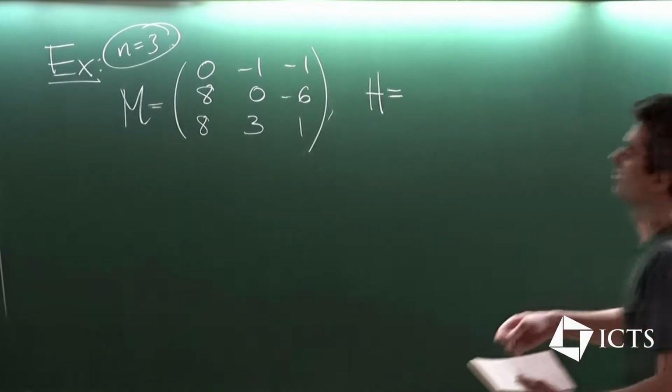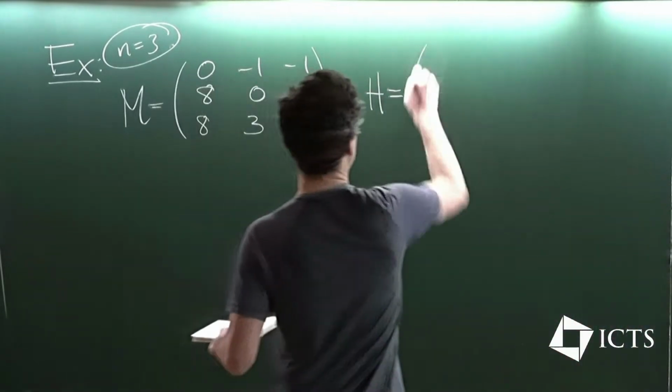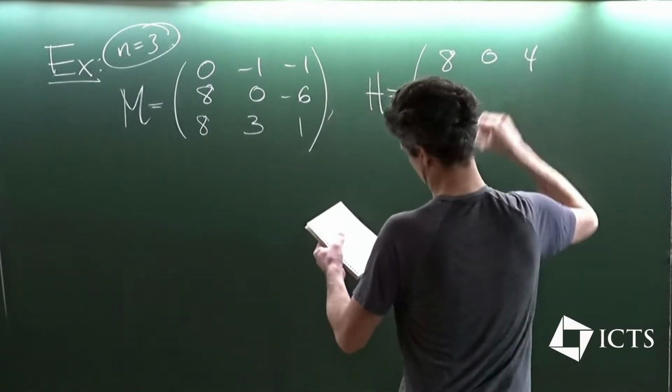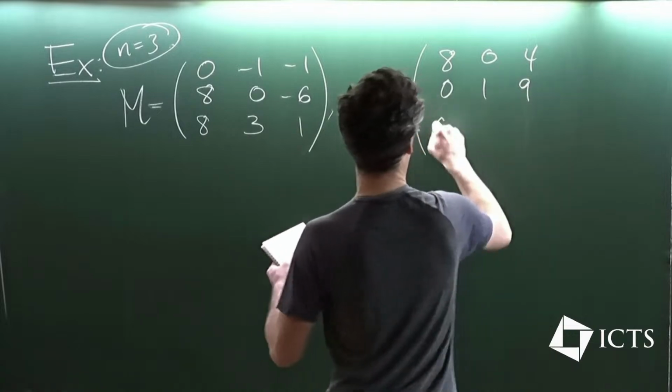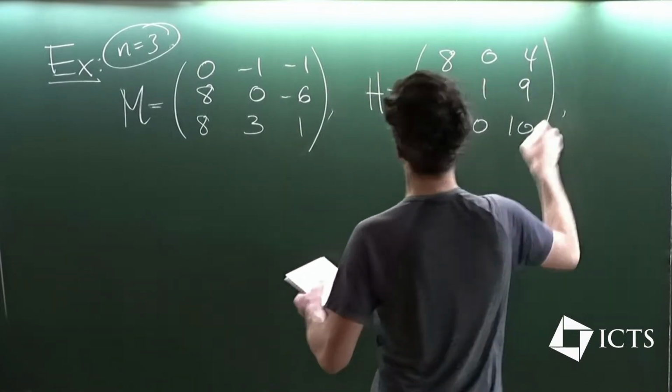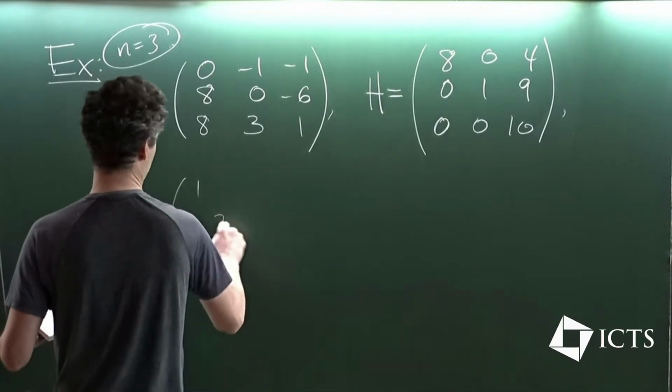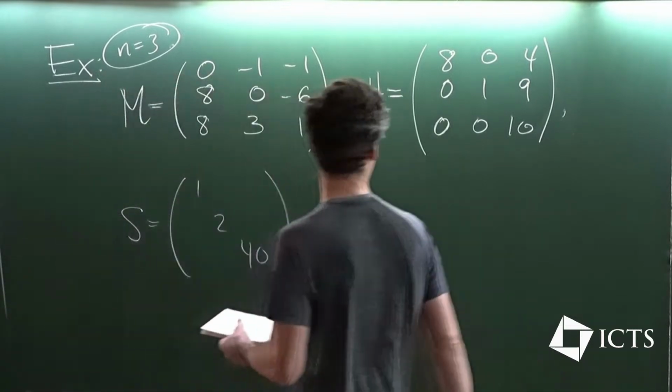Okay. One of the motivations for these normal forms is that we can see some of the properties of this matrix. And it's Smith normal form. I'll put it down here. 1, 2, 40. Okay.